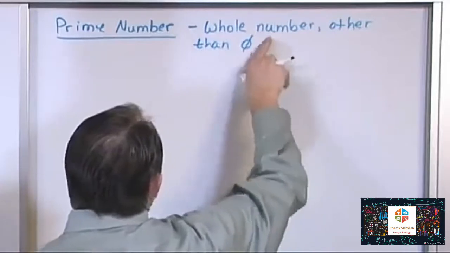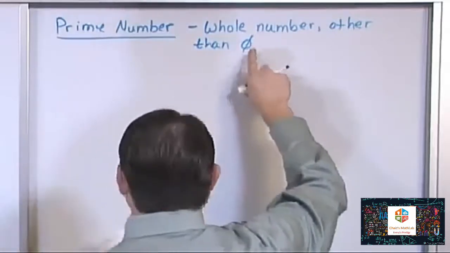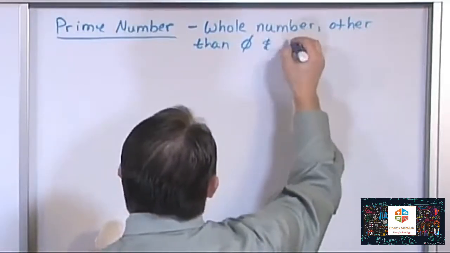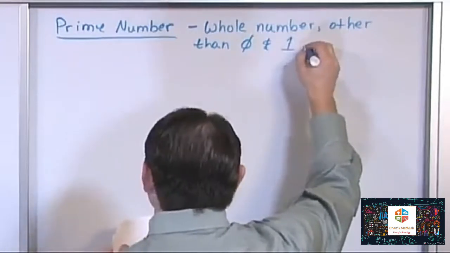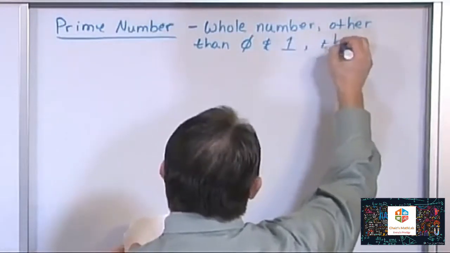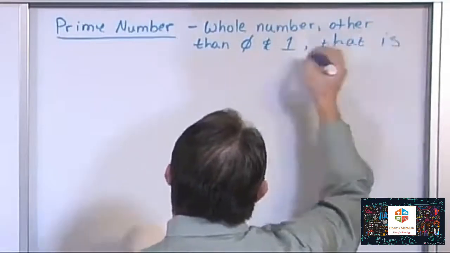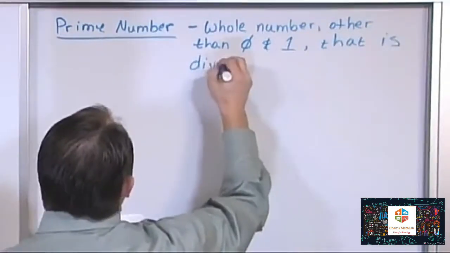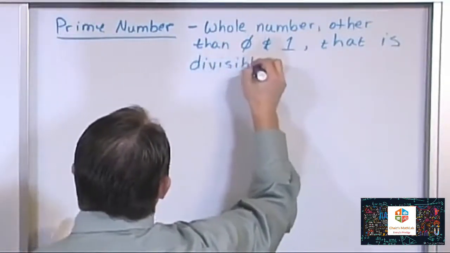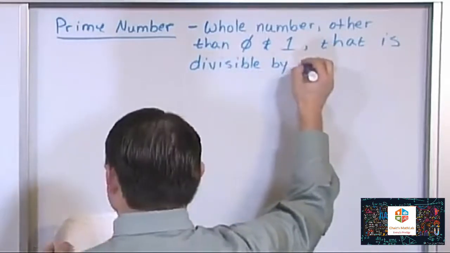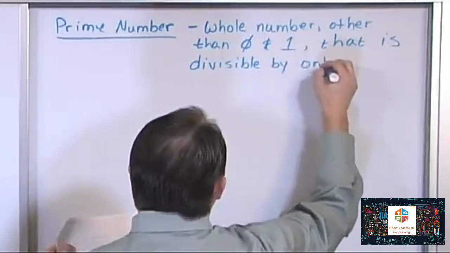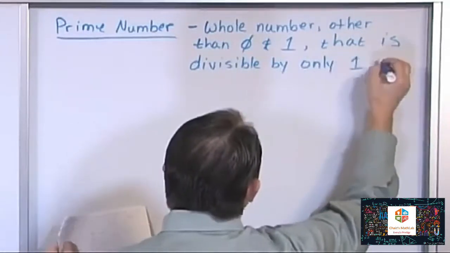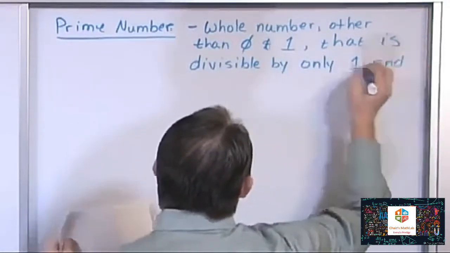The little line through it means 0, so you don't confuse it with the letter O. 0 and 1. Other than the number 0 and 1, that is divisible by only the number 1 and itself.